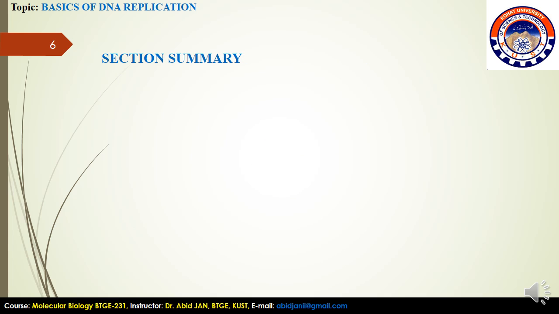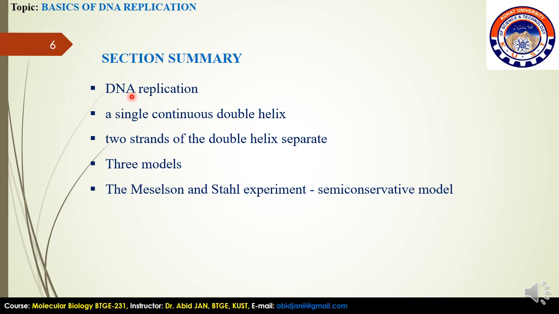Section summary. During cell division, each daughter cell receives a copy of each molecule of DNA by a process known as DNA replication. The single chromosome of a prokaryote or each chromosome of a eukaryote consists of a single continuous double helix.